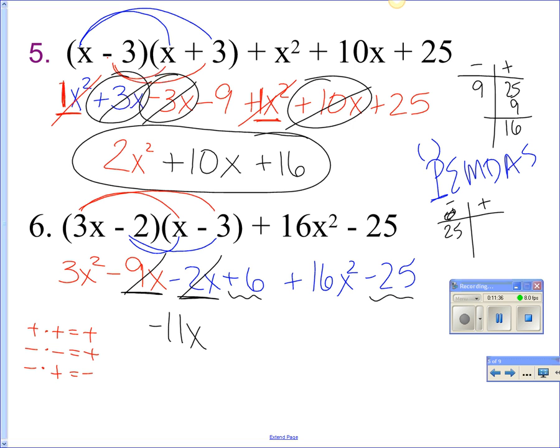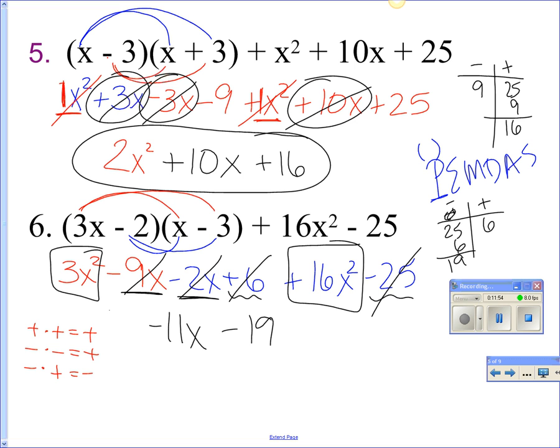So negative 25, positive 6. What has to happen on the chart? All right, so that gives me 19. Is it positive or negative? Negative 19. Okay. And Chuck, what else do I need to do up here? Good. 16x squared goes with the 3x squared. That gives me 19x squared. All right. 19x squared. Okay.